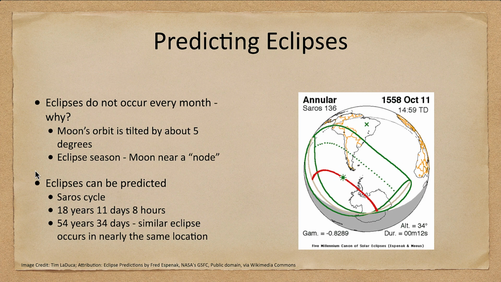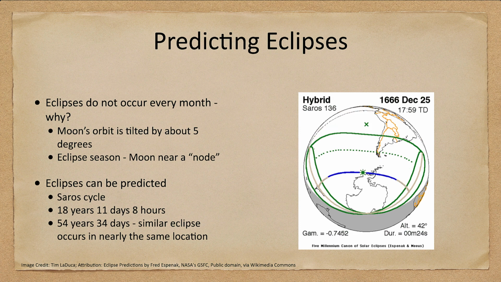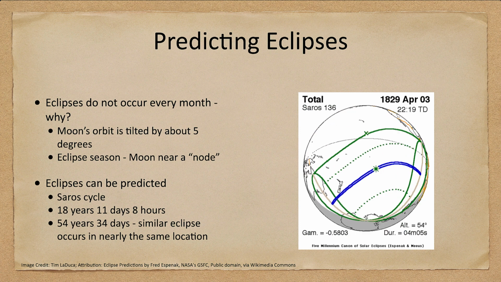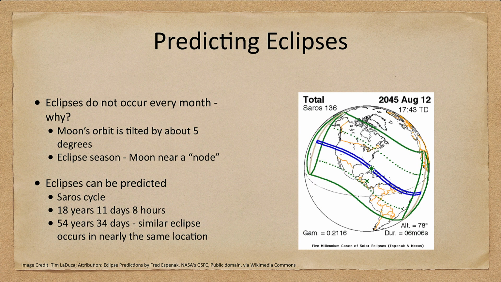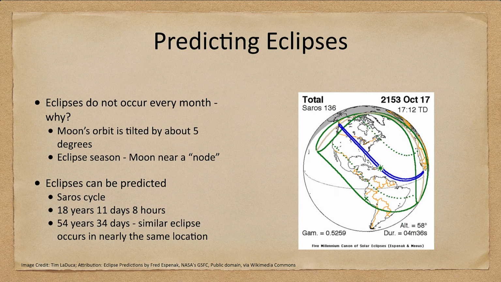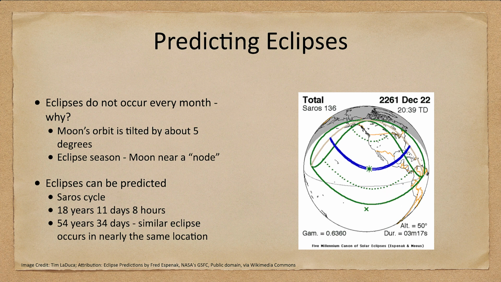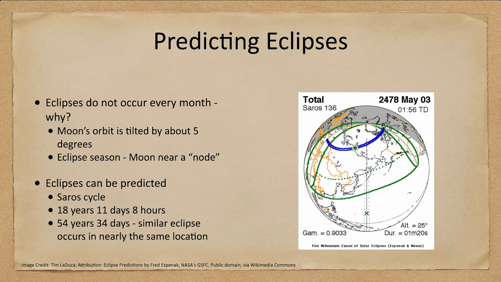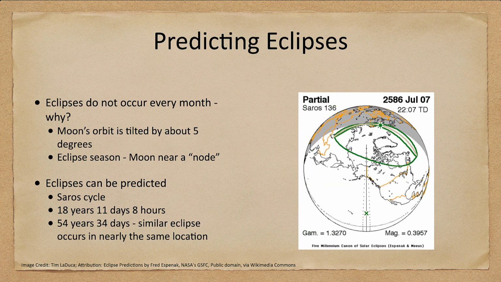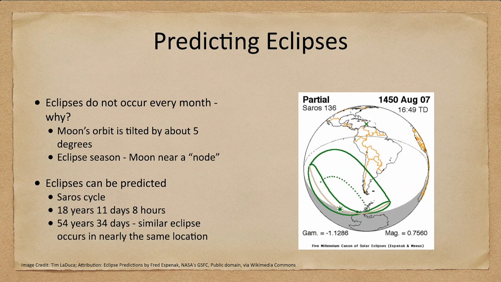So here we see a number of eclipses starting in the Middle Ages and working their way forward. And we can see how this similar eclipse occurs every 54 years or so. So they change slightly, and you notice that they are moving slightly, but not a whole lot, that we will get almost that exact same eclipse 54 years later.